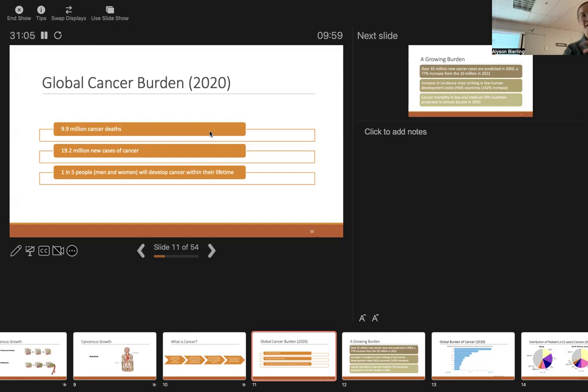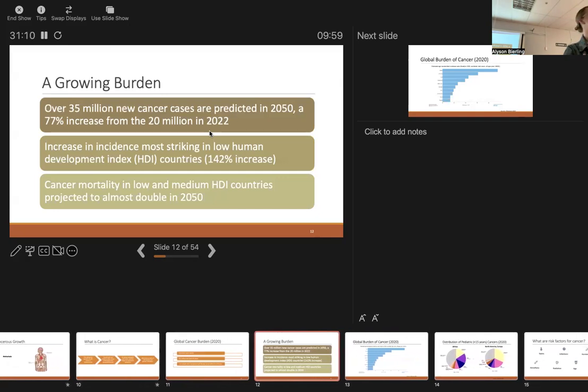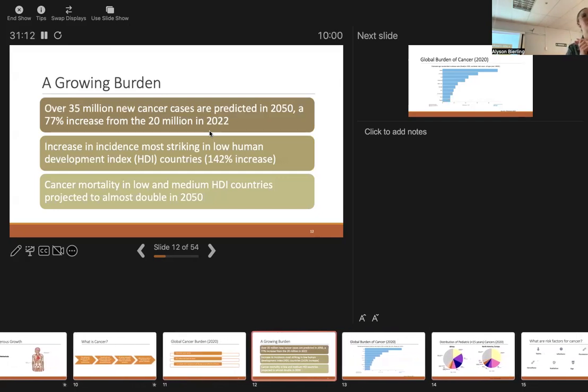And this burden, while already significant, is only growing. Our rates of infectious diseases like TB and HIV have been decreasing, but the rates of cancer are only increasing.